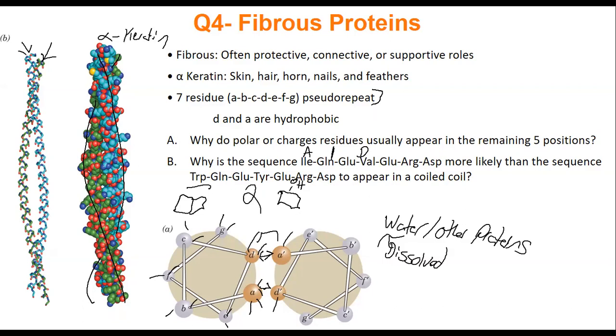Questions about that idea? So the large cyclic rings won't let it.